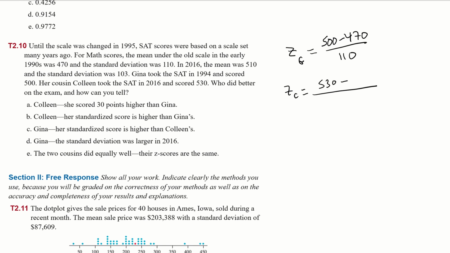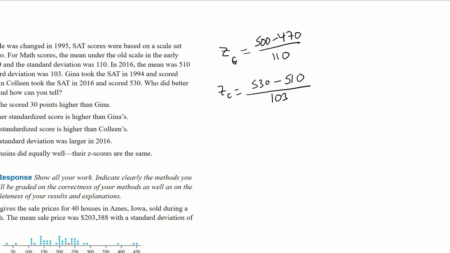In 2016, the new average is 510, and the standard deviation is 103. So let's see who did better. The first part is 30 divided by 110. That's Gina's, about 0.27. And then Colleen's is 20 divided by 103, which is 0.19.